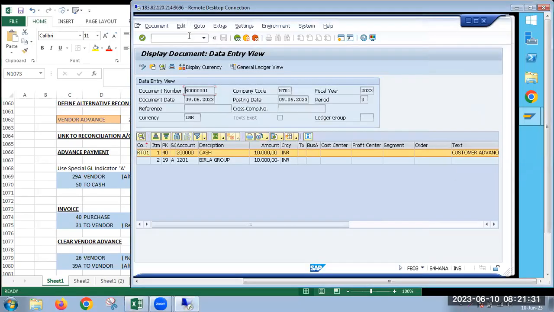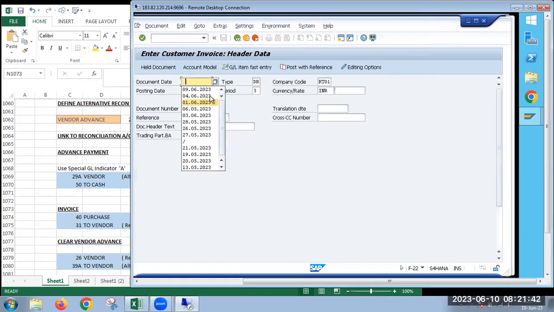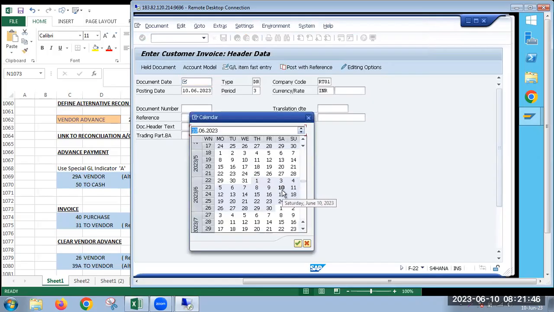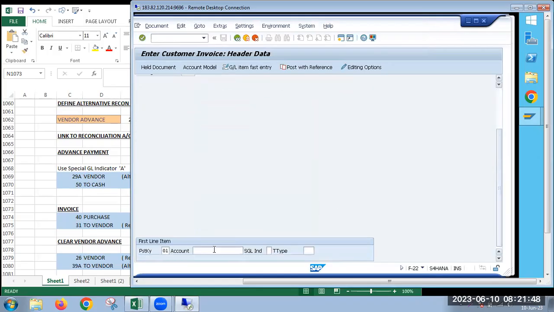Okay, let's do an invoice with FB70 or FB50, anyway a normal invoice, how we have been doing before. What is posting to 01?